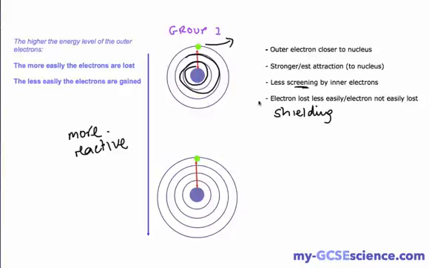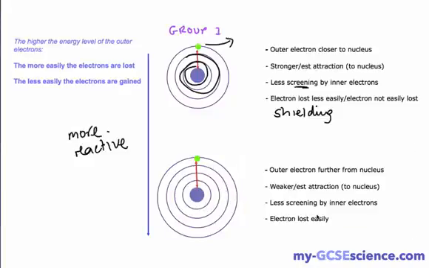How would you explain why this one is more reactive? Well, similar idea. I've used the very same framework, but just changed the words around a bit. The outer electron is further from the nucleus. As you can see, this red distance is further. That means we've got a weaker attraction to the nucleus in comparison to electrons in other shells.